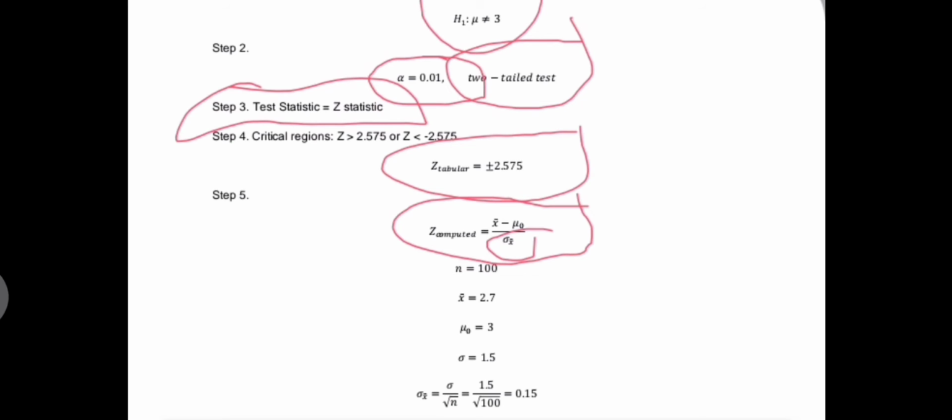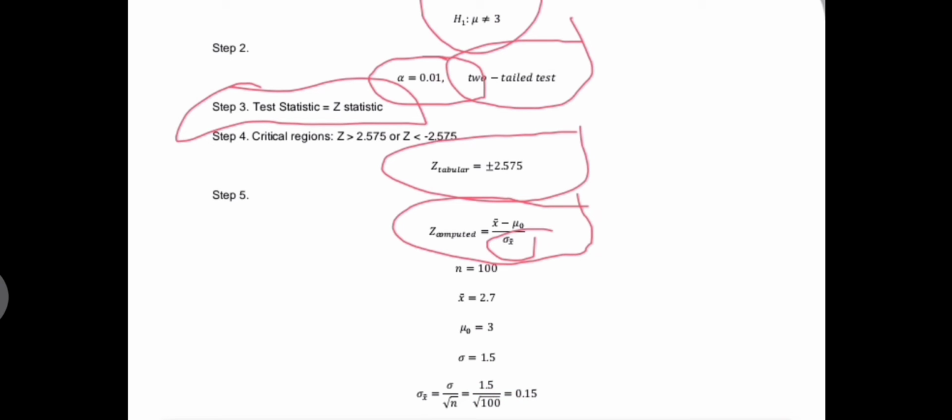First is to determine the standard error of the mean. The formula is the standard error of the mean is equal to the standard deviation over the square root of the sample size. That will be equal to 1.5 all over the square root of 100.